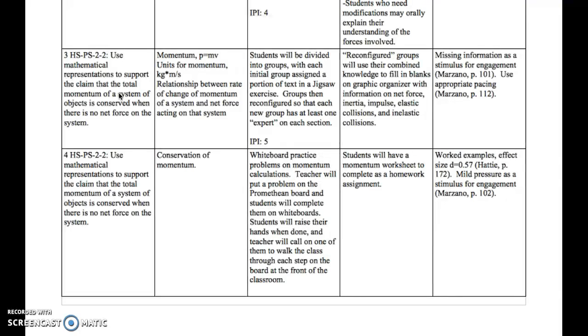I feel like the students, as they're in their original groups, will be able to bring each other up to speed on their understanding of it and make sure that they're all on the same page before we move on, and they use their new knowledge to explain to their other group mates and share and build a full understanding of this.